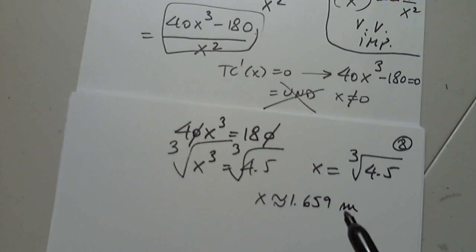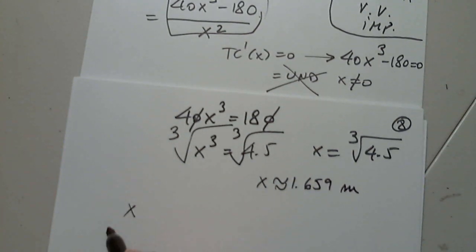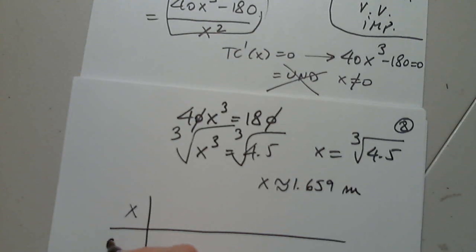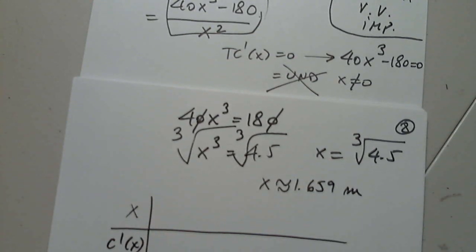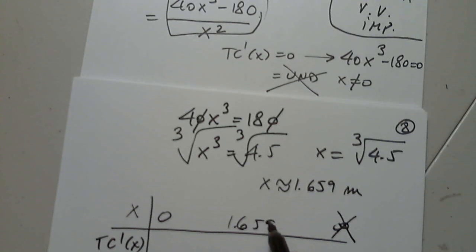Does this give the minimum cost? I have no clue. But I will find out in a minute. That's not possible, but you know what I mean. 1.6590.